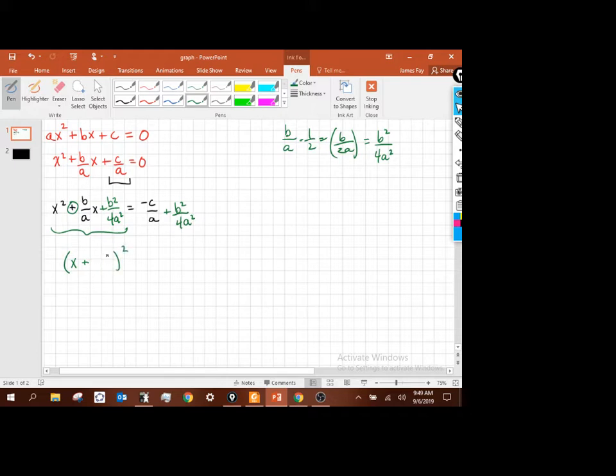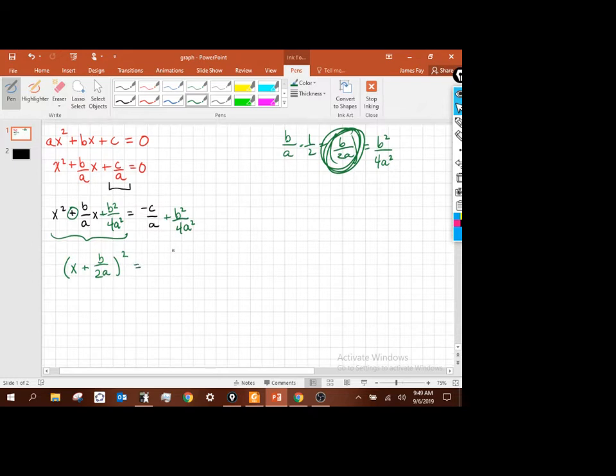Remember what went there? If it was 8, 4 went there, right? If it would have been 12, 6 would go there. So it's always half that middle term. Well, wasn't this half that middle term, B over 2A? Is equal to, now I'm going to rewrite the right-hand side. I'm just going to use the commutative property.